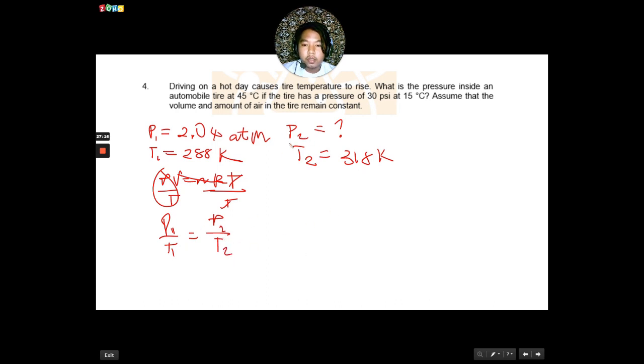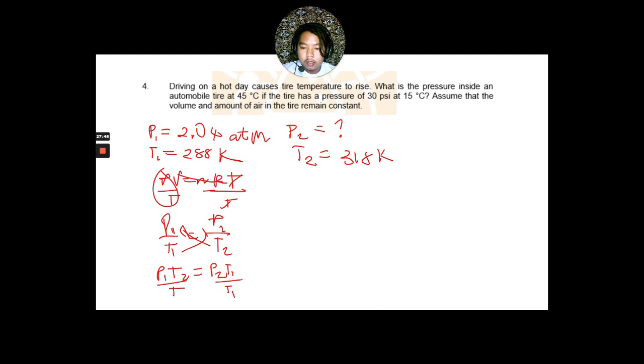We are looking for P2, so we cross multiply, and that's your favorite, P1 T2 equals P2 T1. Divide both sides by T1, so you'll get P2 alone.